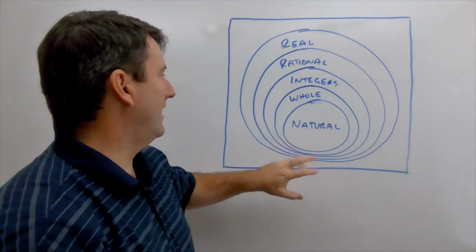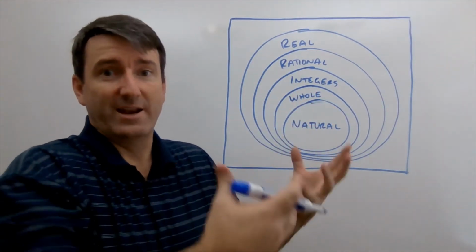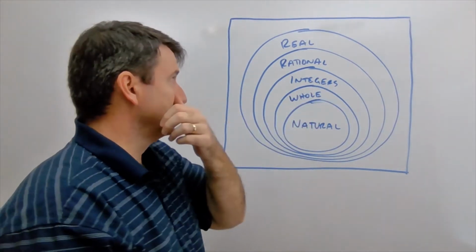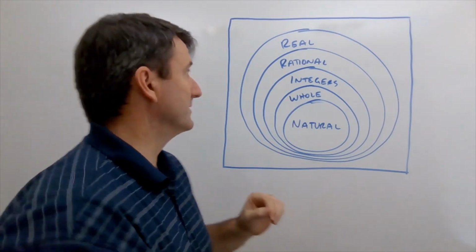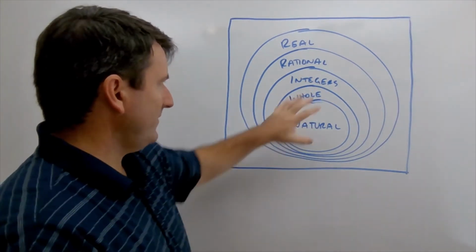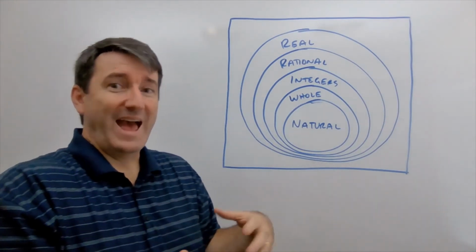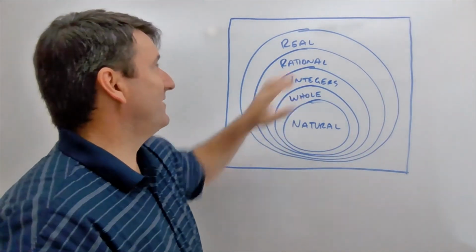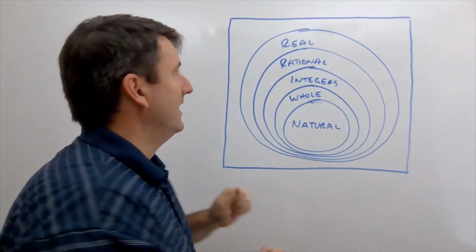Now we mentioned that going from the natural numbers to the whole numbers, we really just added one number, 0. But then going from the whole numbers to the integers, we added an infinite number of new numbers because all the negative numbers are now included. Going from the integers to the rational numbers, not only did we add an infinite number of new numbers, but there's an infinite number of rational numbers between any two integers.